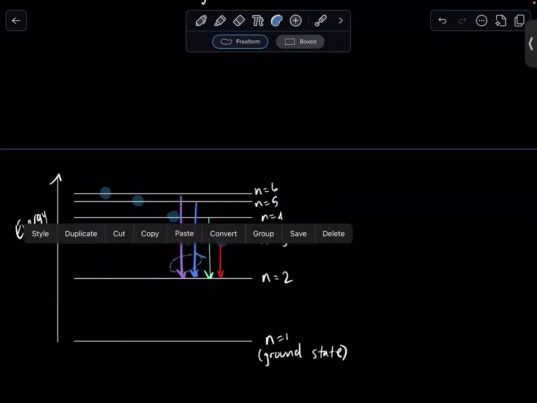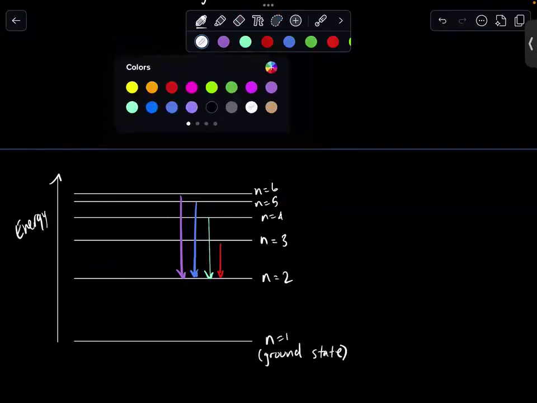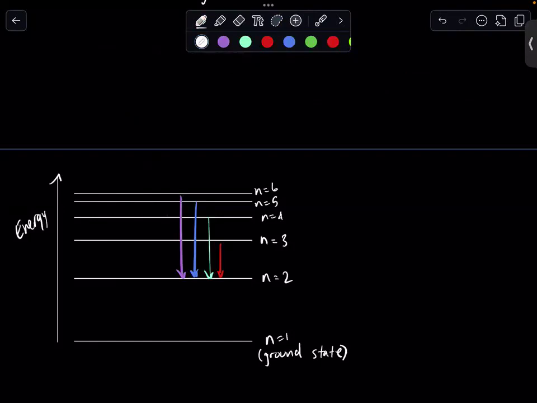So we have our visible light transitions, but you might be asking, well, what happens if we have something that goes to n equals 1? Well, that can happen too. So we can have these transitions that go all the way to n equals 1. So we can do n equals 2 to n equals 1, n equals 3, 4, 5, even 6.